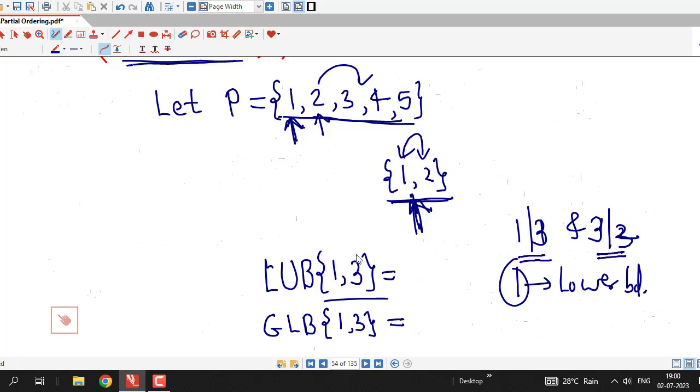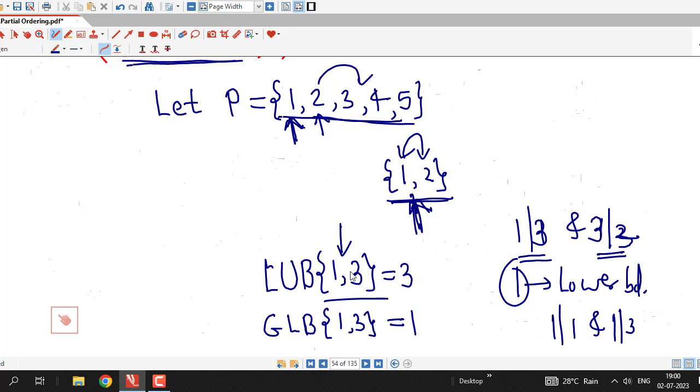Therefore 3 is an upper bound of this set, and there is no upper bound except 3. So the least upper bound will be 3, and you can check that the greatest lower bound is 1, because 1 divides 1 as well as 1 divides 3. So the greatest lower bound and least upper bound for this pair also exist.